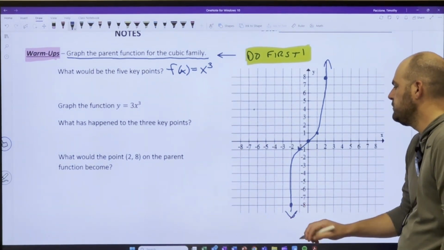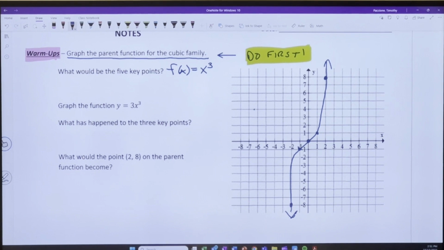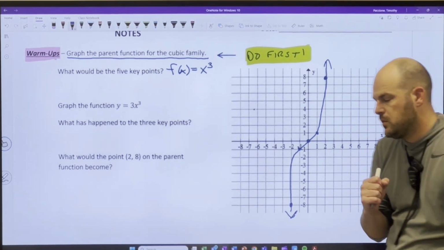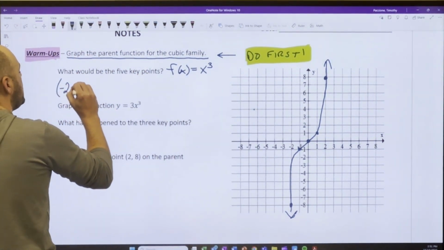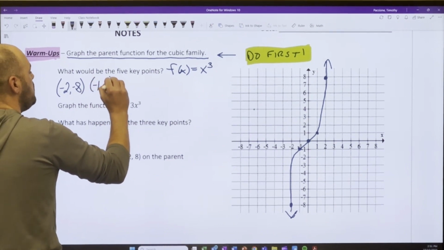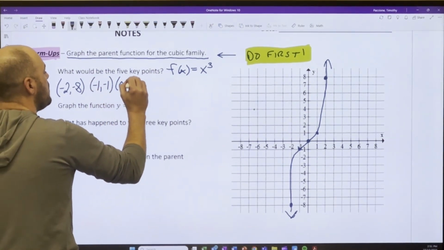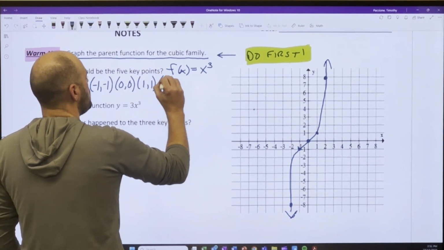Right? And then it says, what were the 5 key points? So what points did we identify here? -2, -8, -1, -1, 0, 0, 1, 1, and 2, 8.